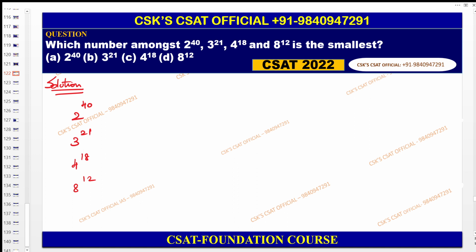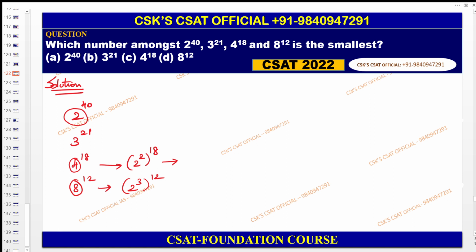So here the 4 and 8 in exponential form can be converted to the base of 2, right? So this can be written as 2 square the whole power 18, and this can be written as 2 cube the whole power 12.